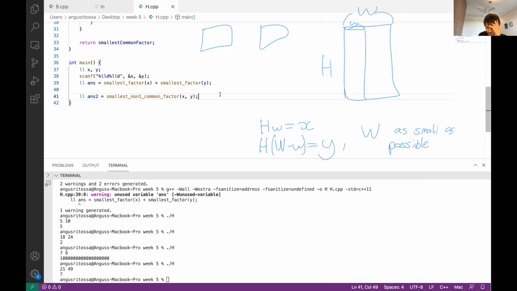What's our condition on H to ensure that this is true?